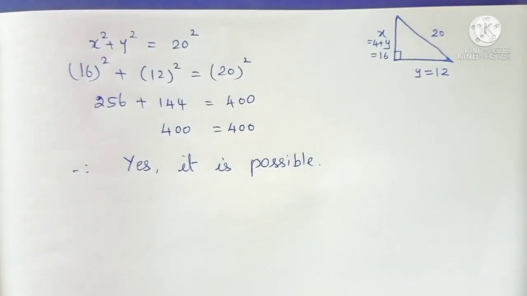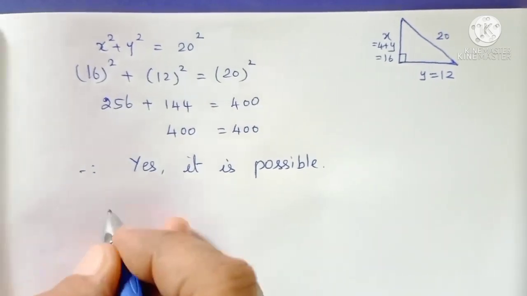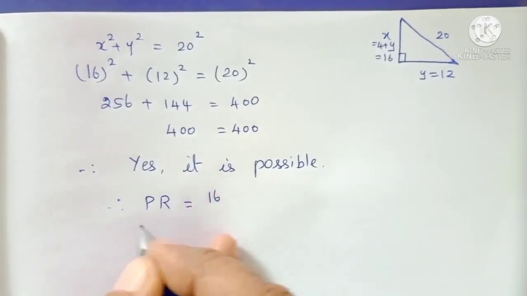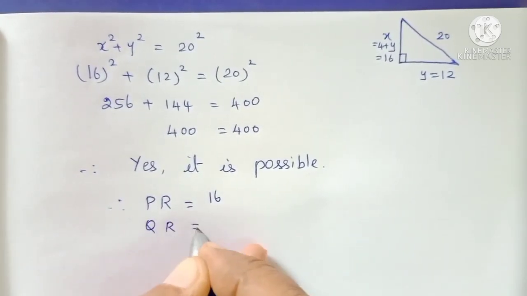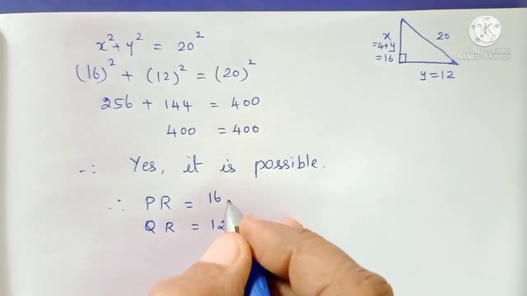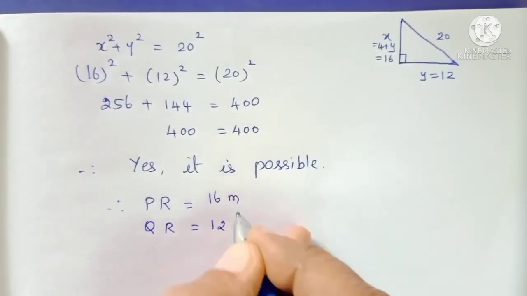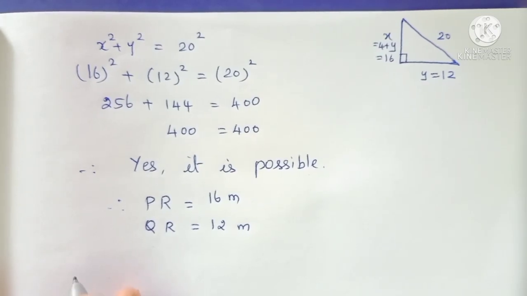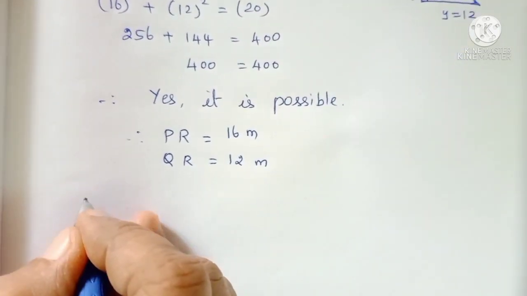Then they are asking you to find the distance between PR and QR value. Therefore PR is equal to what? 16. QR is equal to 12. The unit is given in the sum, so we can write 16 meter, 12 meter. Now, if the question is asked in word form, we write the conclusion in word form. So we can write the conclusion.